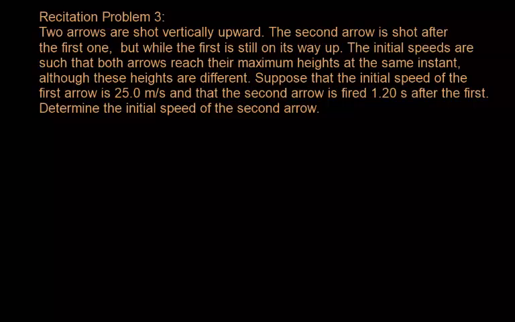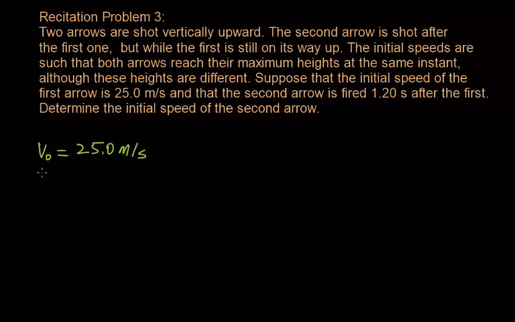First, let's write down the information for arrow number 1 and sketch its motion. Alright, what do we know about arrow number 1? Its initial velocity is equal to 25.0 meters per second. That's known.